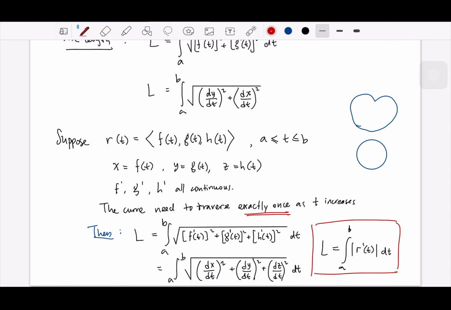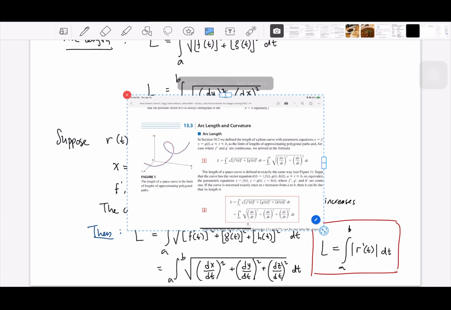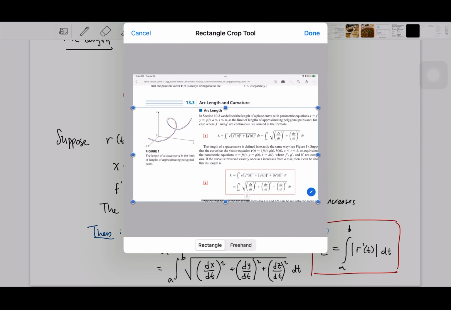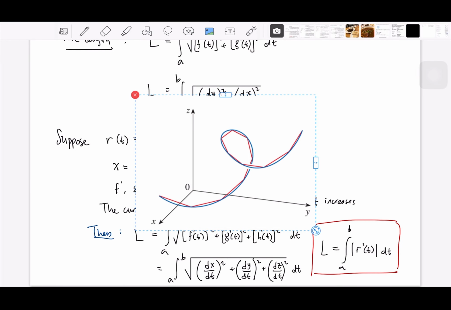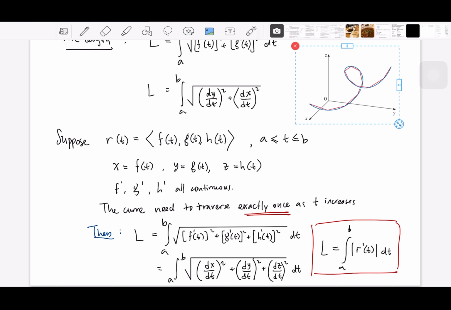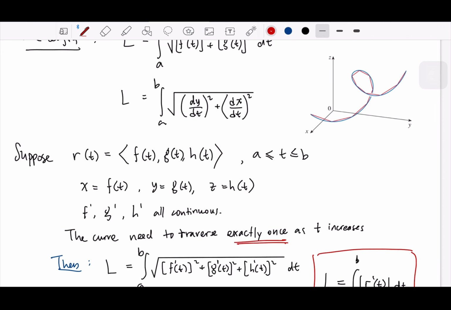So this is the arc length. To give you an illustration, probably I can put some sketch around here, to put it in context.